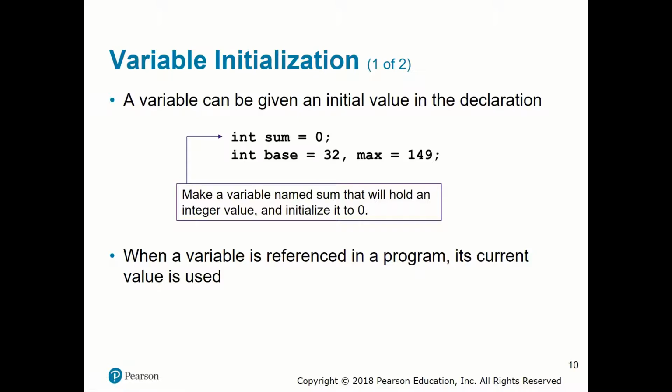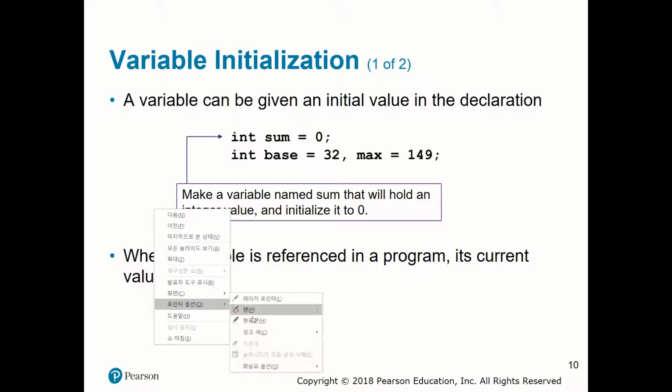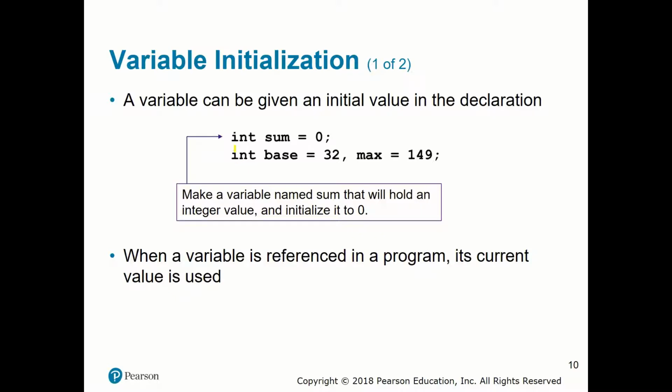I told you that a variable can be given an initial value in the declaration. Here, int sum = 0 is a statement that makes a variable named sum that will hold an integer value and initializes it to 0. Likewise, base is initialized to 32 and max is initialized to 149.